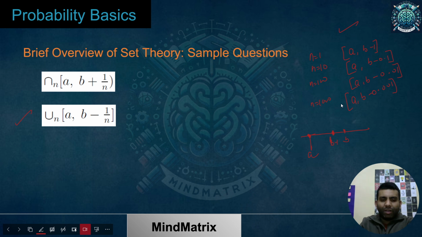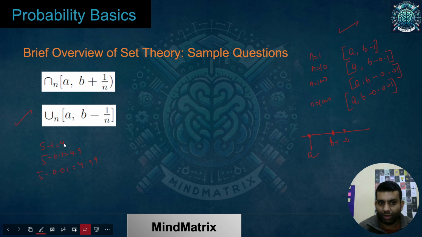For example, just to give you an idea, 5 minus 1 is 4, but 5 minus 0.1 is 4.9. 5 minus 0.01 is 4.99. So you can see over here how it is coming up.